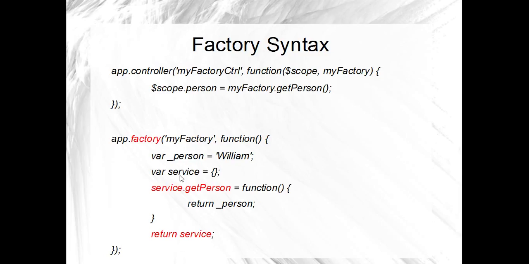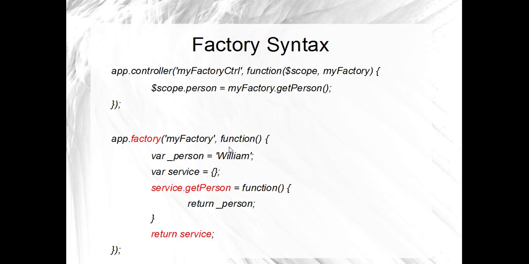You are creating a new service object here as a new JavaScript object within this factory method, and you are also assigning a function to that particular service object, and this returns the underscore person value. And when you see towards the end of the code, you are just returning this service object alone through this factory.